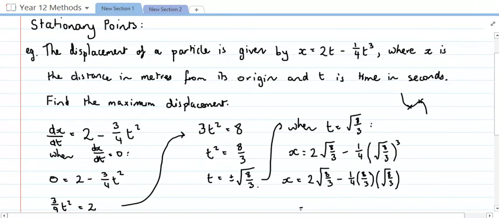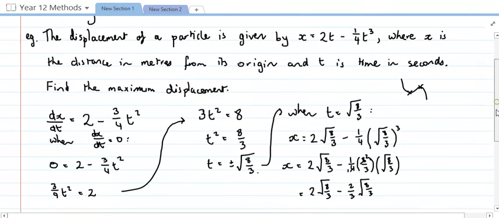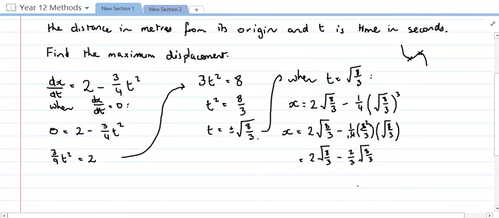Which in the end is 2 root 8/3, and then minus, now the 4 and the 8 will cancel out, just leaving a 2 there and a 1 there. So that whole part there's just 1. So we've got 2/3 of root 8/3. Okay, and which we can even make a little bit nicer now.